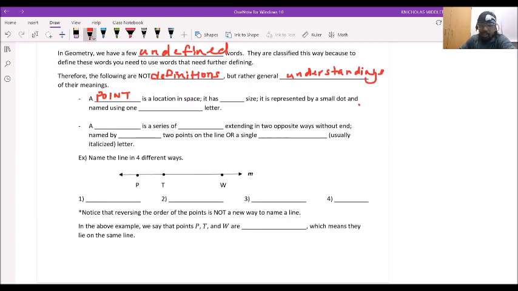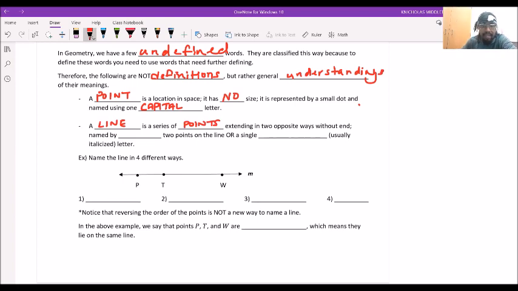It has no size. It is represented by a small dot and named by using one capital letter. You might say uppercase, I say capital. A line is a series of points extending in two opposite directions without end.